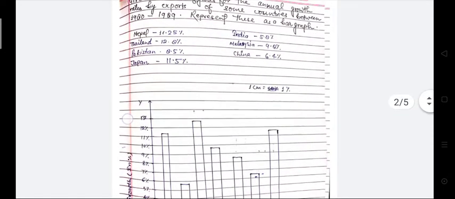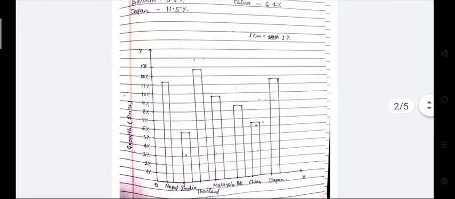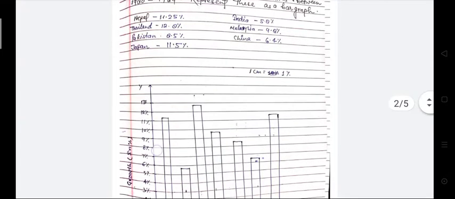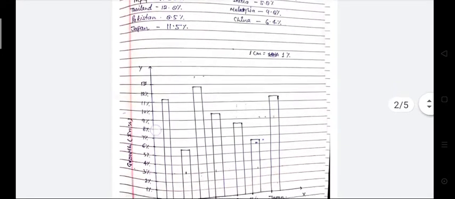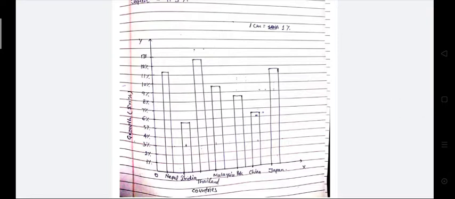Similarly, for India the growth rate given in the data is 5.8, so the bar for India is represented at the second place. Similarly, the growth rate of Thailand is given as 12.8%, and here the third bar represents the growth rate of Thailand. The fourth bar is the growth rate for the country Malaysia. The fifth bar represents the growth rate of Pakistan.